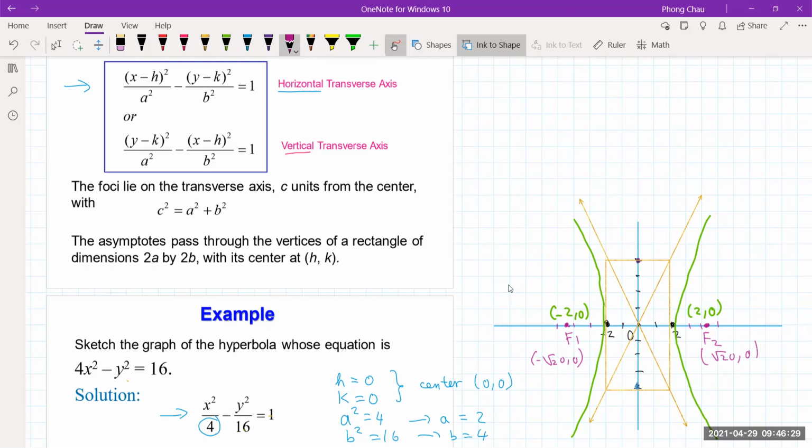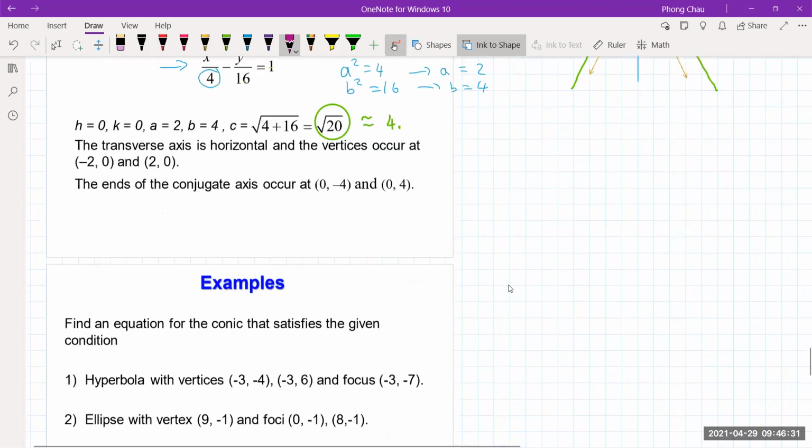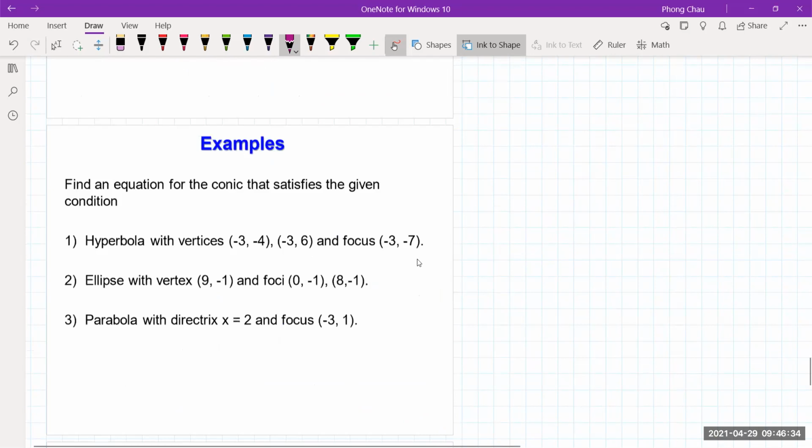Now, we might have to do it the other way around. The other way around is, given these features, some special property that I want you to satisfy, we're going to find the equations of the conic. For example, here, number 1, can you write the equation of the hyperbola with vertices (-3, -4), (-3, 6), and the focus at (-3, -7)?